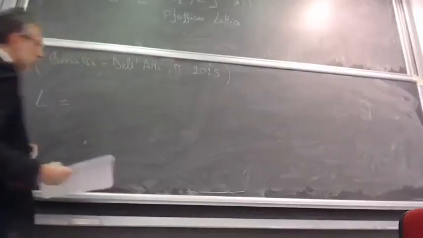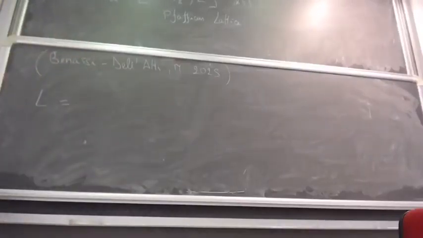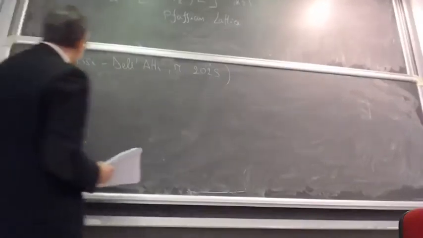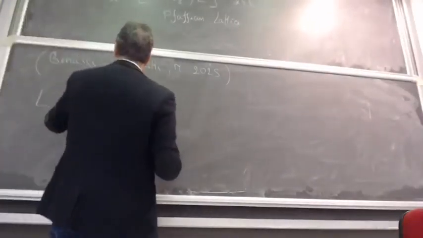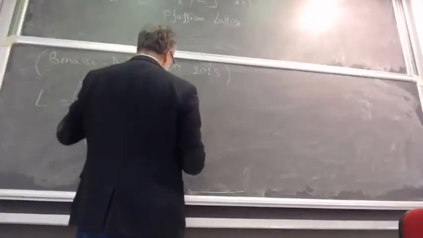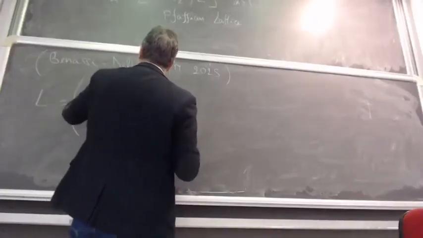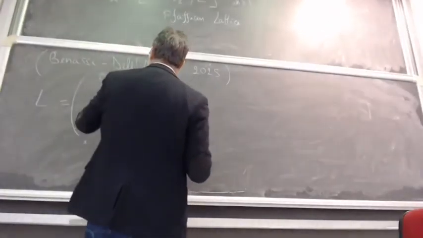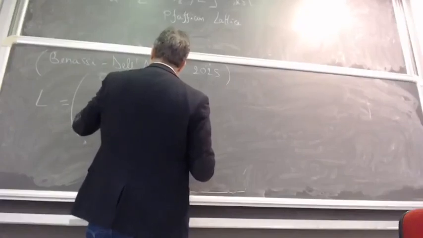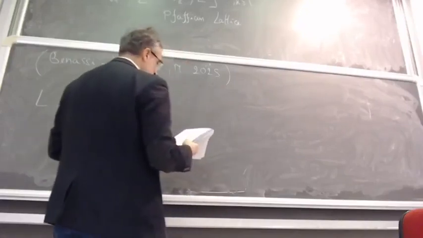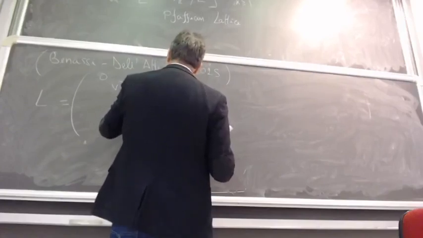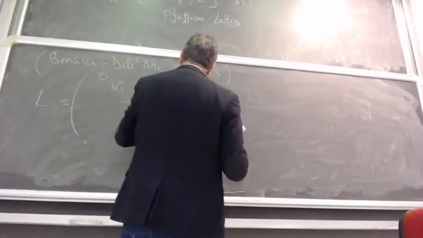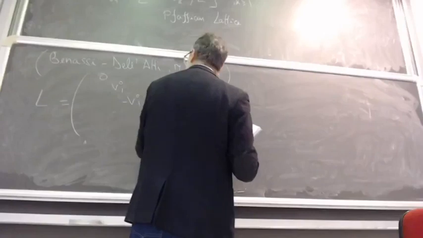So essentially, the first observation is that, okay, let's look at the structure of the matrix L. The matrix L is of this form. We have a diagonal, and the first element is 0. Then let me denote the elements in this way: v_{01}, minus v_{01}, v_{02}, minus v_{02}, and so on.